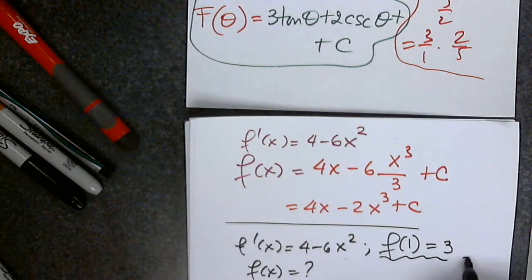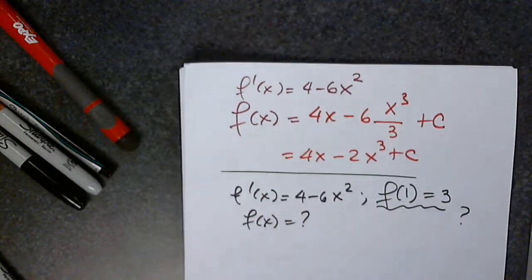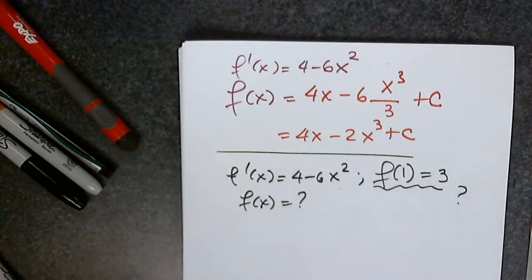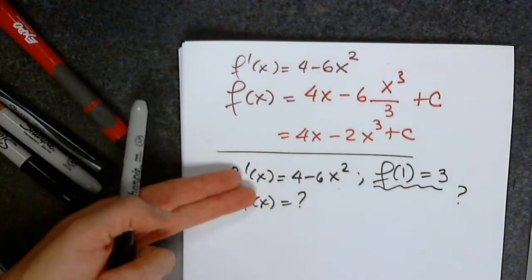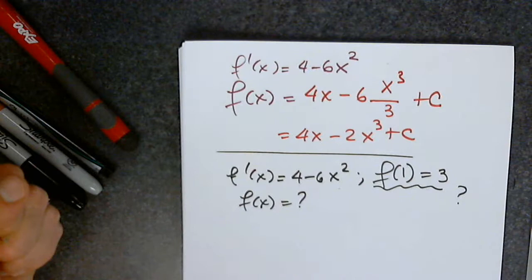What do you think this is? And why is it given to us? To find the constant. So this time I will find just one function that complies with the given conditions or fulfills the given conditions. One function, not a family of functions.